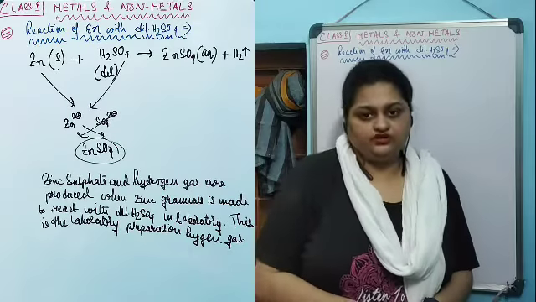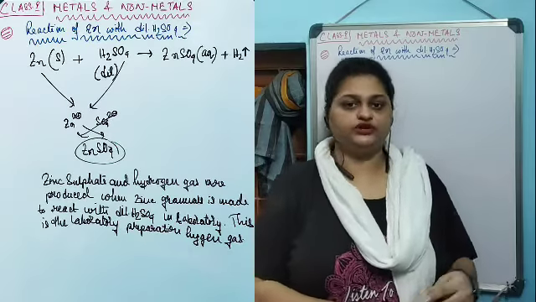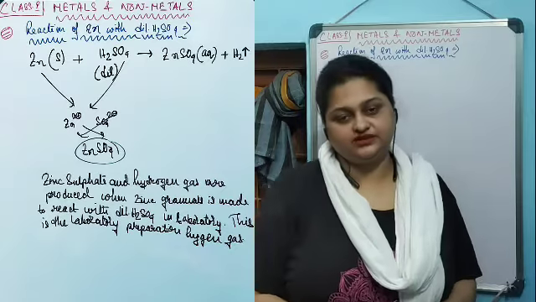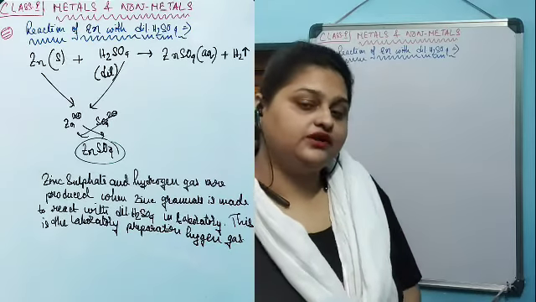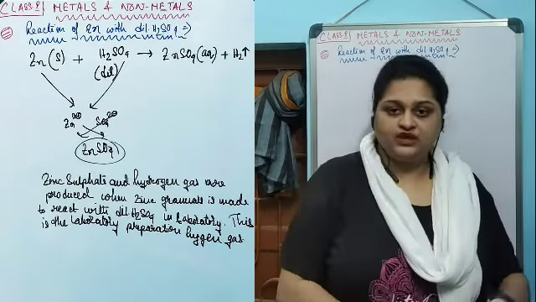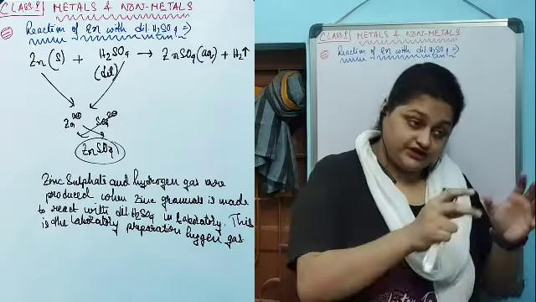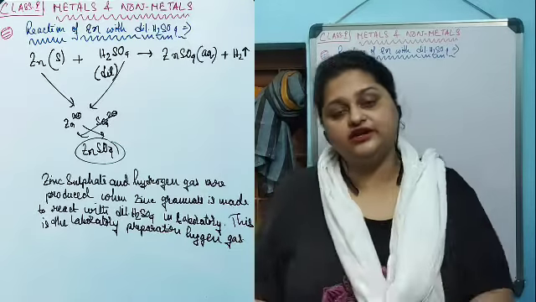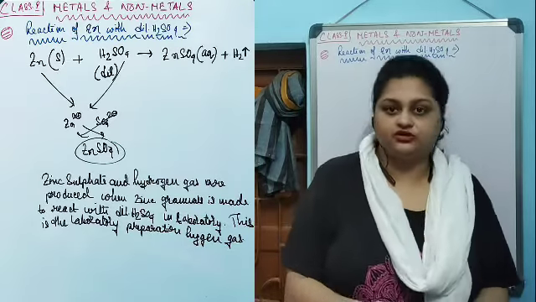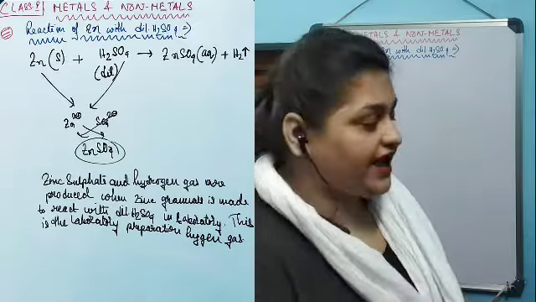In the laboratory, hydrogen gas is prepared when zinc granules are made to react with dilute H2SO4. This reaction of zinc with dilute H2SO4 is known as the laboratory method of preparation for hydrogen gas.